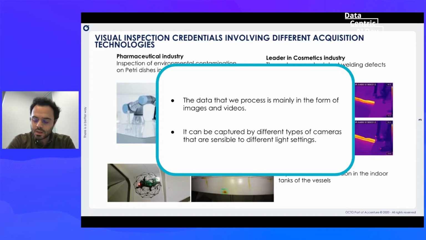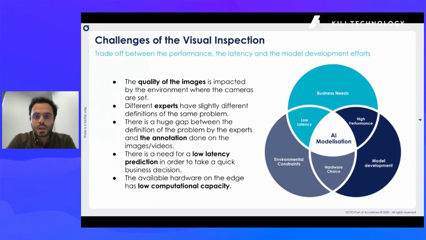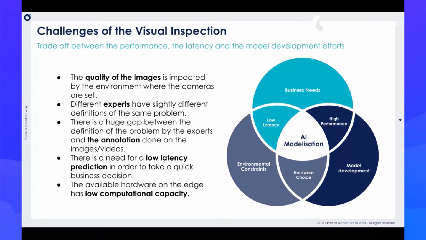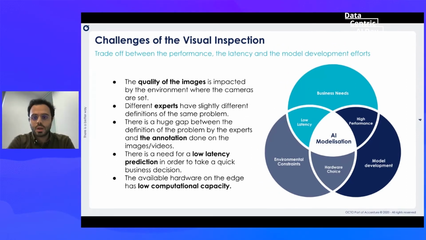The main message here is that with those data come different challenges, and to build up a system of visual inspection, you are interacting with different constraints, with different parameters, and so on.